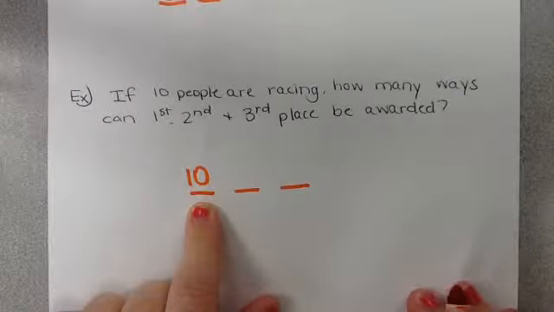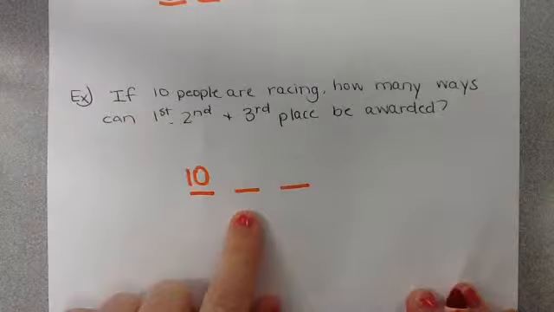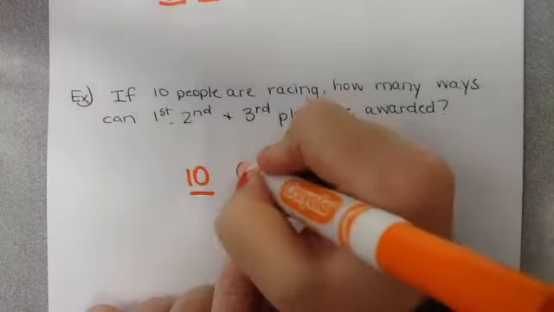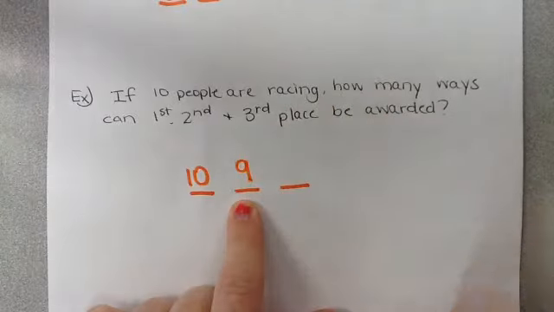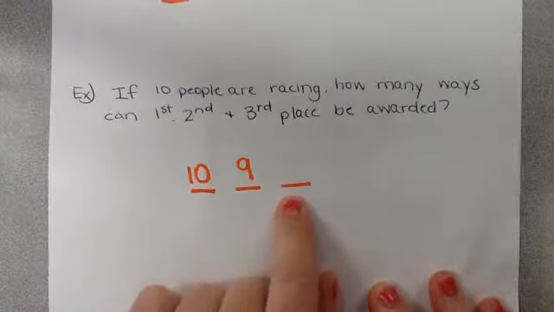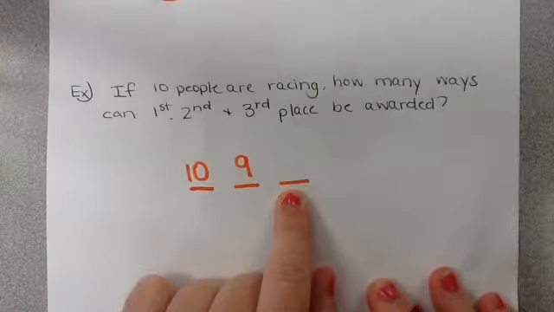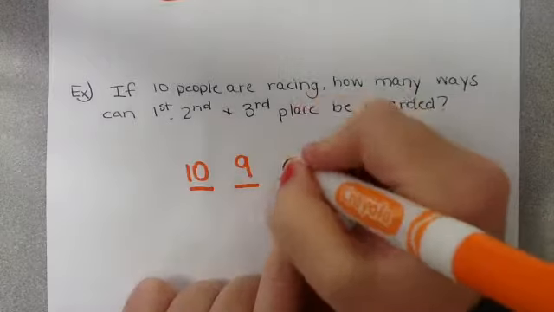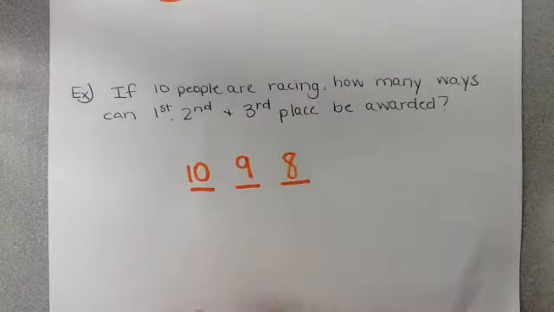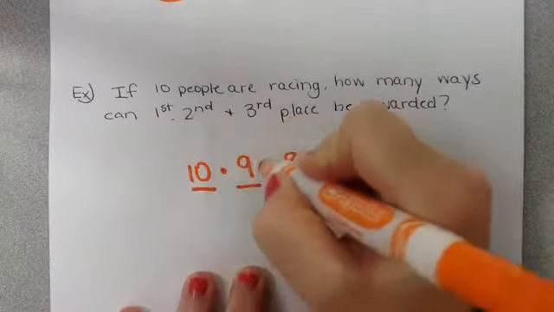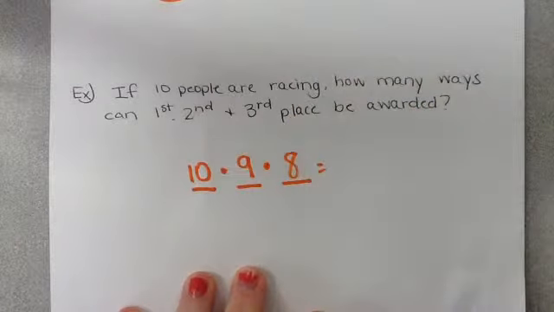So Max crosses the finish line. How many people are left that could possibly get second? Mary gets second. How many people are left out racing that could possibly get third? 8. What will you do with these 3 values? Multiply them together.